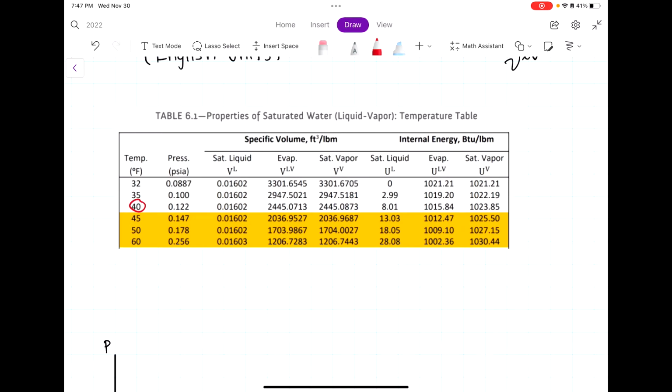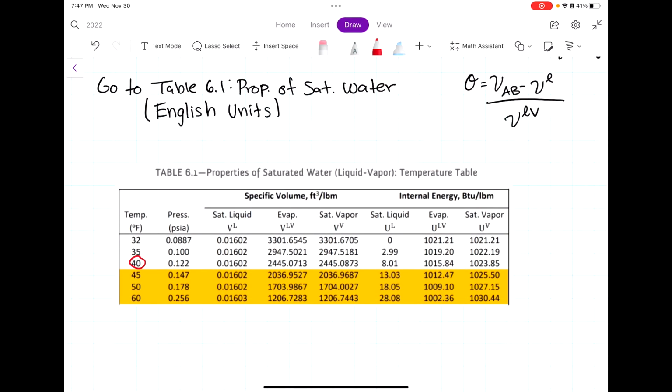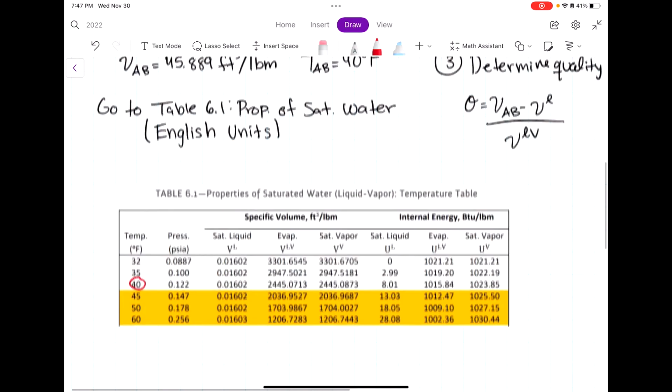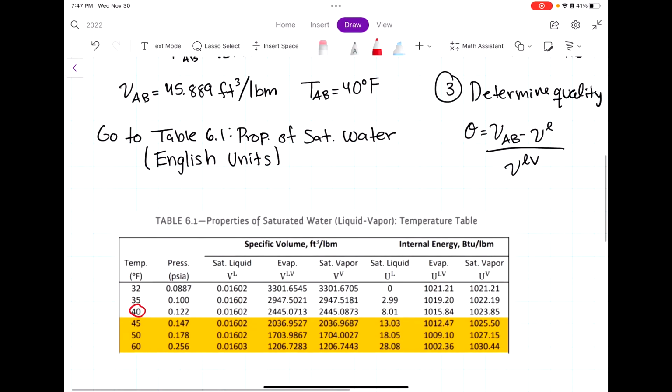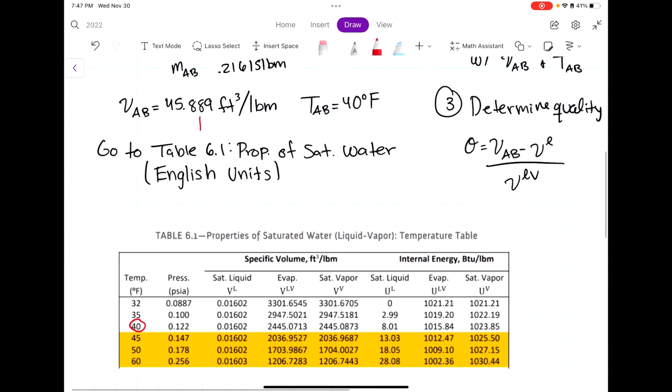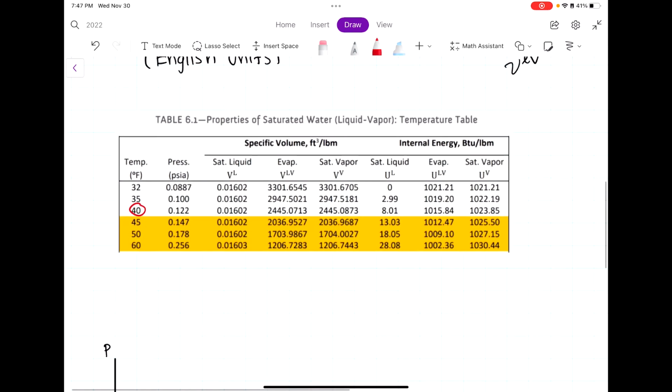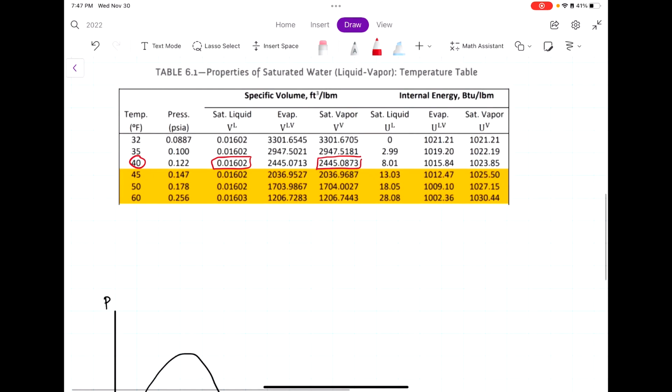Since we're going to compare the saturated liquid, the liquid vapor and vapor specific volume values to our specific volume value, I'm going to compare it to this guy and this guy. Our specific volume value lands in between both of them.